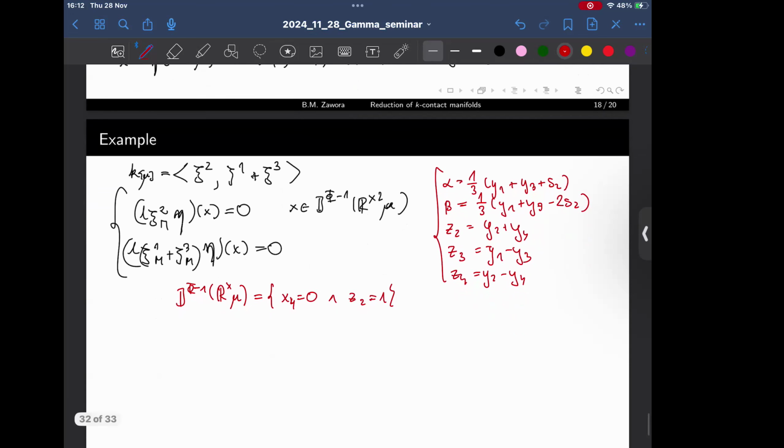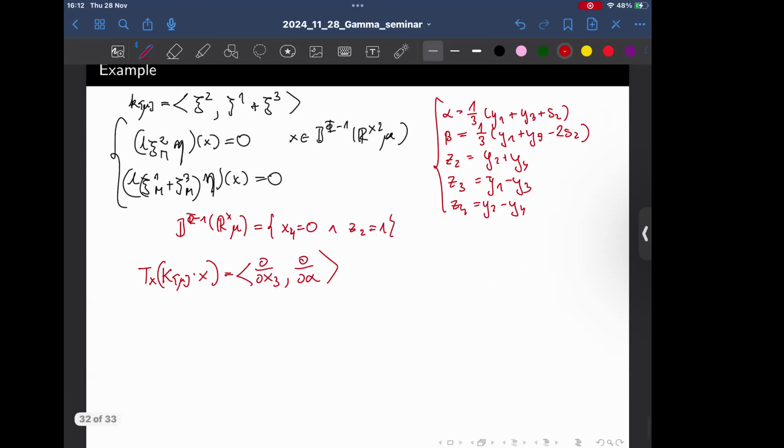Okay, then the tangent space K mu of x is generated by d over dx3 and d over d alpha. So it follows that J phi 2 minus 1 of R cross 2 mu divided by K mu is a K-contact vector space.